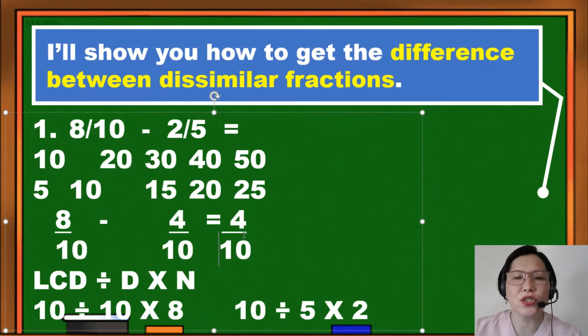Now, what do you notice about the answer? Is it final? No, it is not. Now, what are we going to do with it? We're going to reduce it to its lowest term. How? Is it using the GCF or dividing the numerator by the denominator?